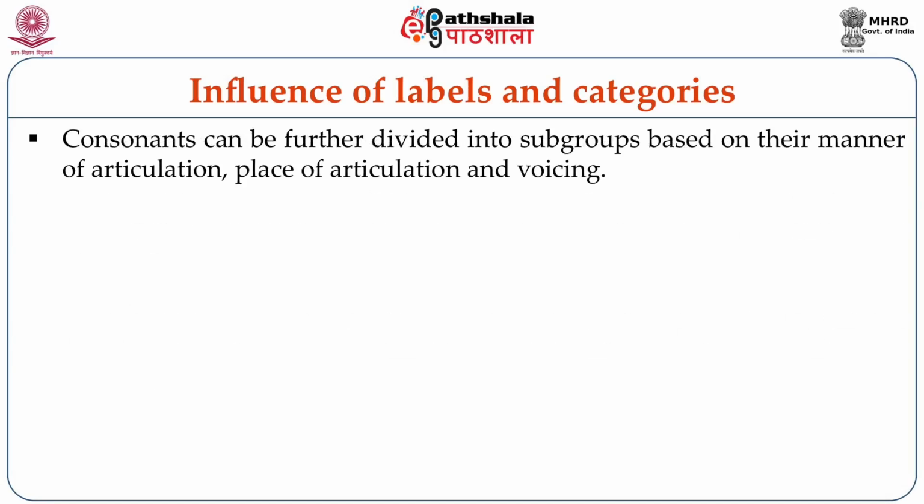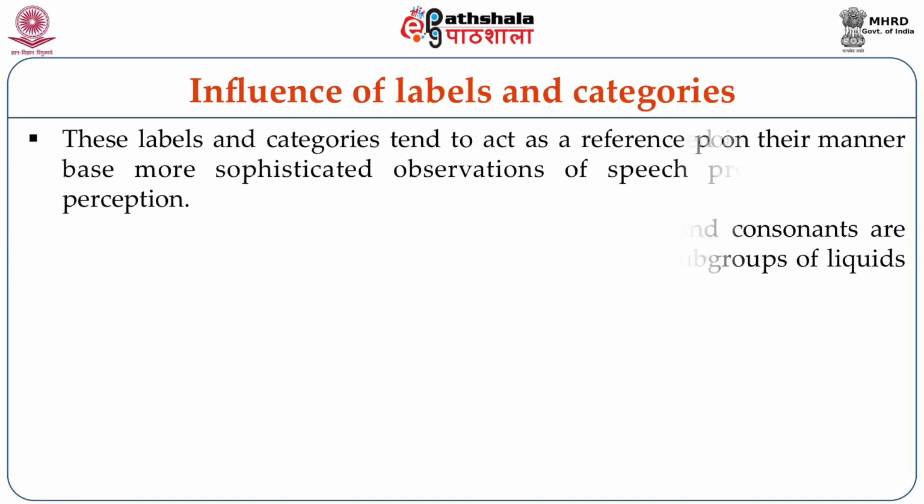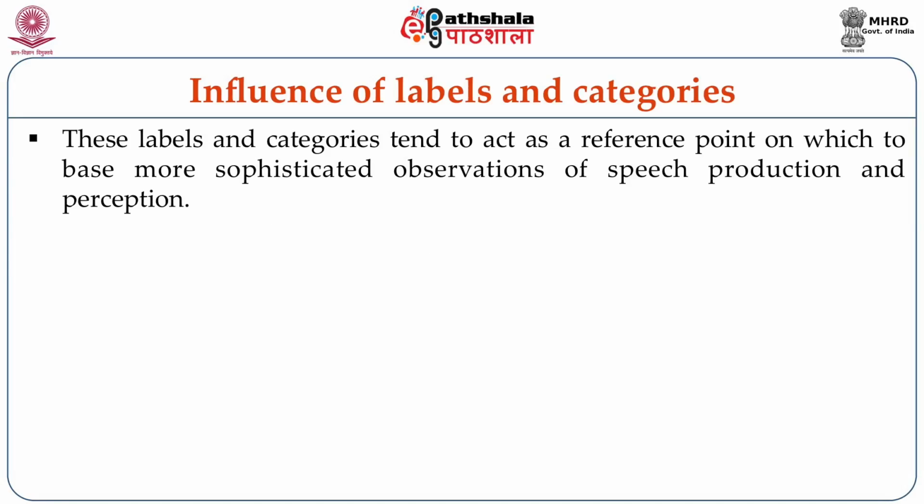Consonants can be further divided into subgroups based on their manner of articulation, place of articulation, and voicing. Phonemes that have characteristics of both vowels and consonants are termed semivowels, and these are divided into two subgroups of liquids and glides. These labels and categories tend to act as a reference point on which to base more sophisticated observations of speech production and perception.